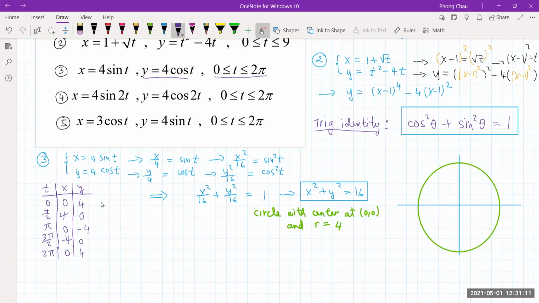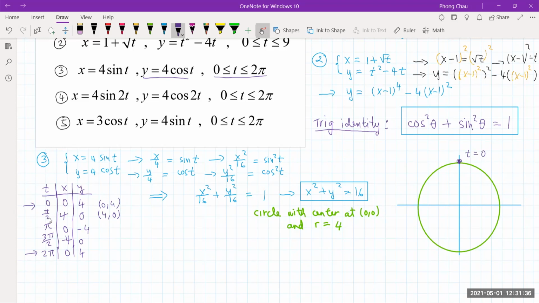So see, these are the points, right? 0, 4, and 4, 0, etc. T starting at 0, ending at 2 pi. So the initial point is at 0, 4, where 0, 1, 2, 3, 4. That is the beginning, the initial point when t equals 0.